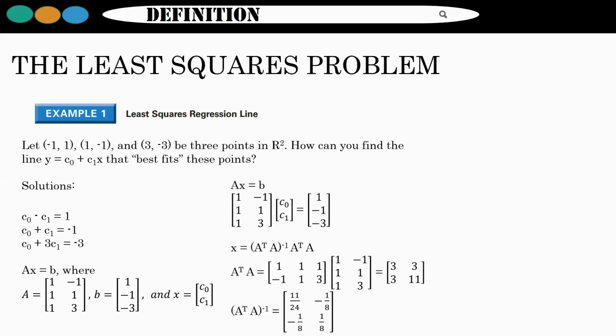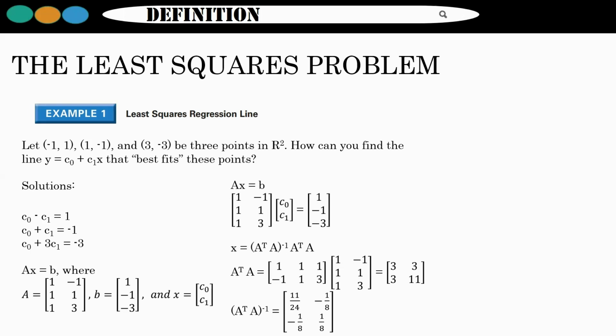So for the formula, we can now multiply Ax if it is equal to b.